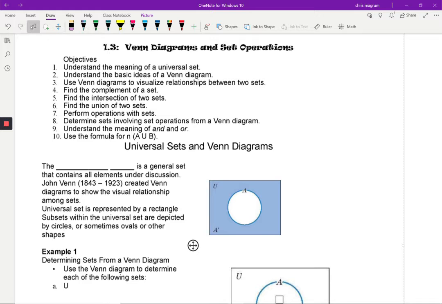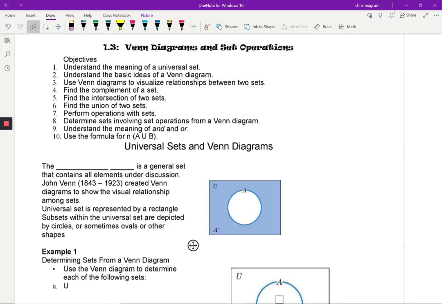And number 5, we want to find the intersection of two sets. And then we're going to find what's called the union of two sets. I will hopefully help make some sense of those two words later. Perform operations with sets. That'll just be like adding sets together, combining them.